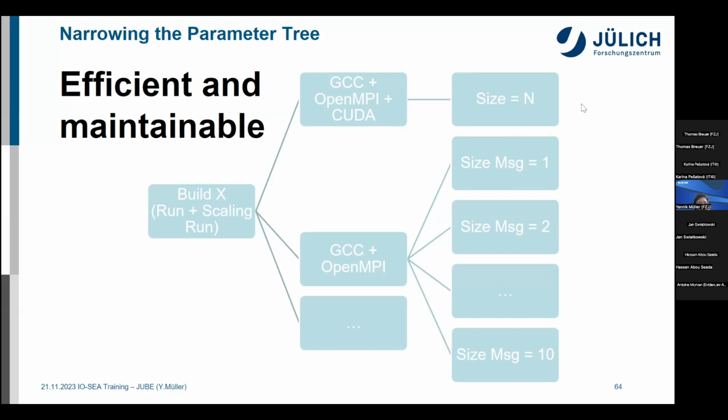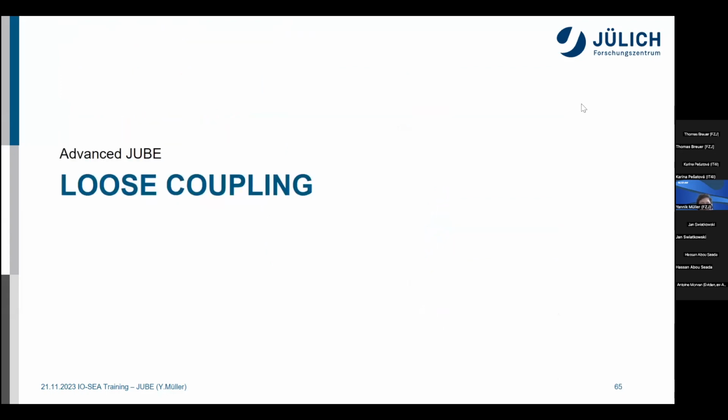Now, this is more efficient in terms of runtime. That was my first concern. And then later on, it became clear that this has more advantages than just being more efficient with time. It's also much more maintainable. And that we will see in the next example, where I basically use the same feature again, but for a different purpose.